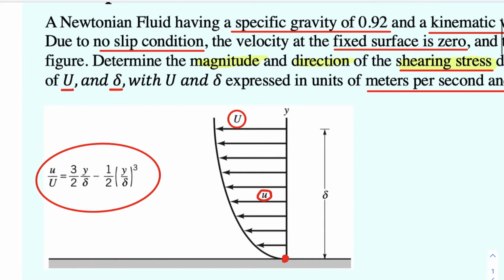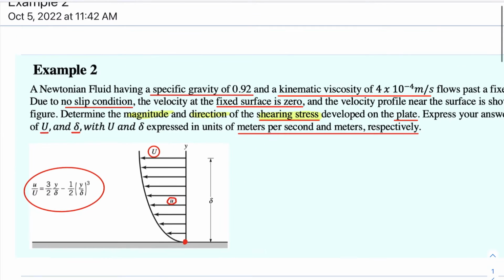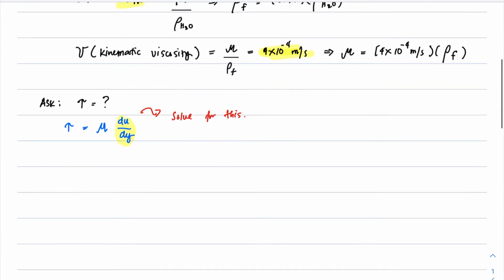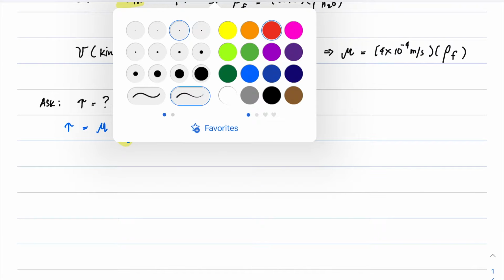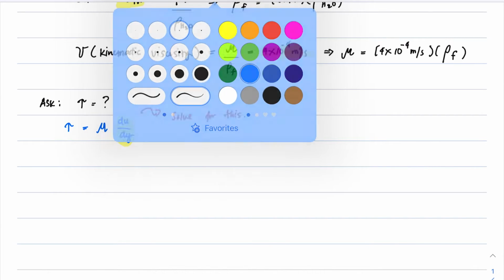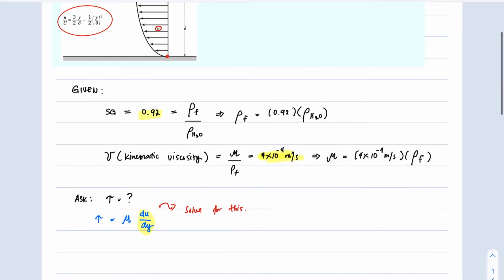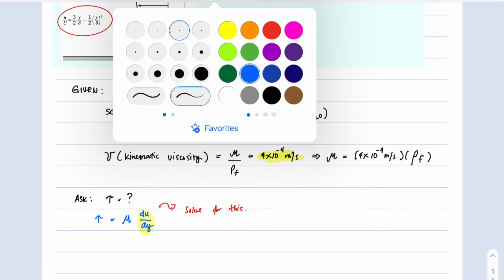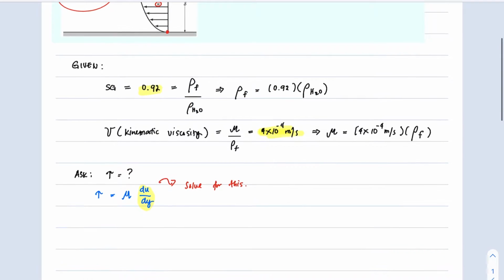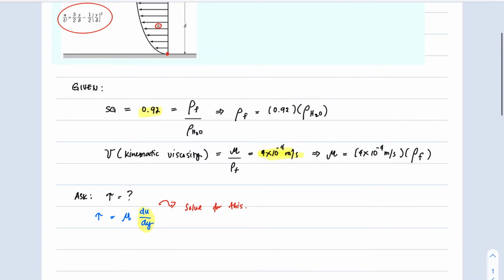That is given by 3/2 y over sigma minus 1/2 of the quantity y over sigma to the cube. So that's your u over U. Now to find the shearing stress tau, we have to find du over dy. So from the expression above, we are going to use the relation that is written above. I'm just going to do it in blue, just to be consistent.